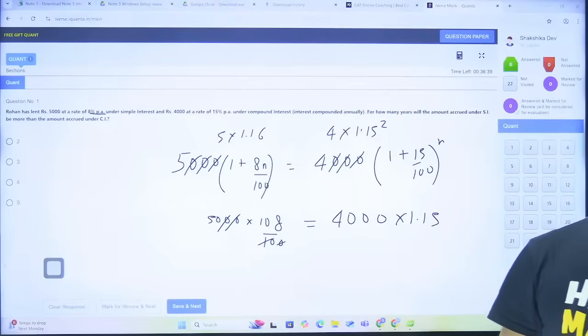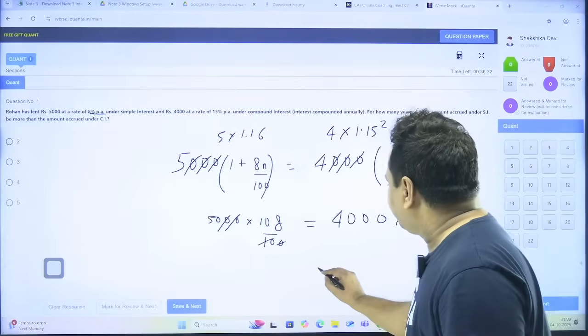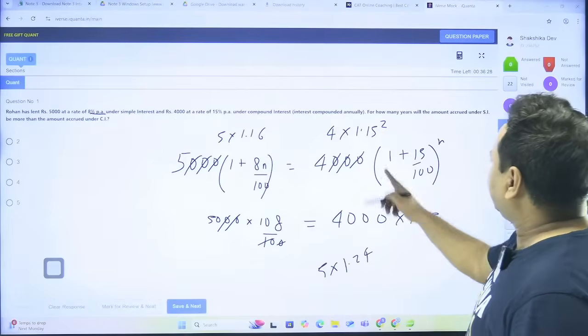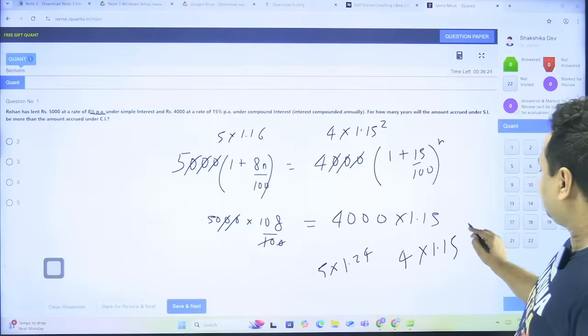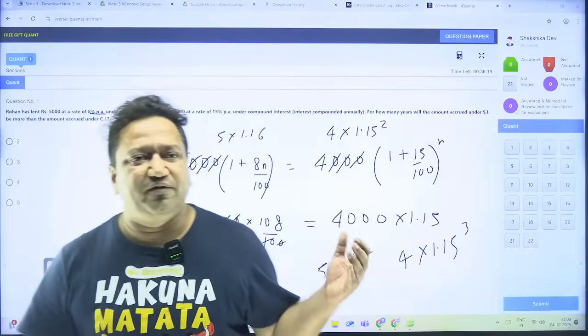For the second year also it's there. Coming to 3, if I take n equal to 3, I have 5 into 1.24. Here I'll get 4 into 1.15 cube. How much will 1.15 cube be?